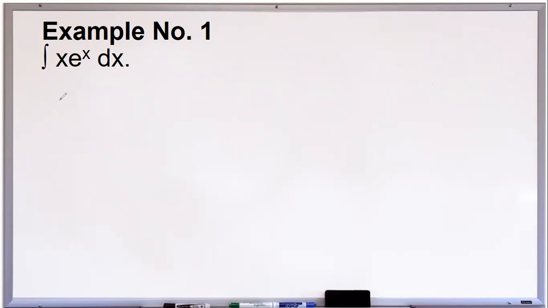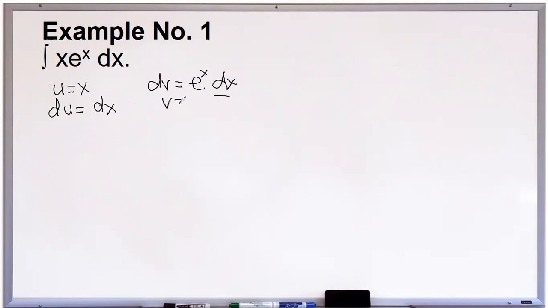Okay, so let's try another thing. So, i-assume natin si algebraic function, u, which is equal to x. Kunin natin ang kanyang du. So, magiging dx siya. So, ang dv natin is e raised to x dx. So, hindi po pwedeng hindi kasama si dx, kasi against the rules of calculus siya.